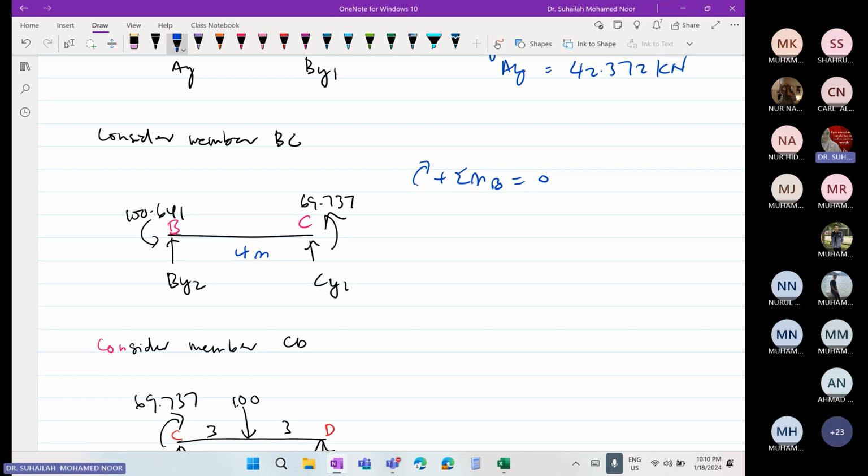So what is CY1? Negative 100.641 minus 69.737, we divide by 4.